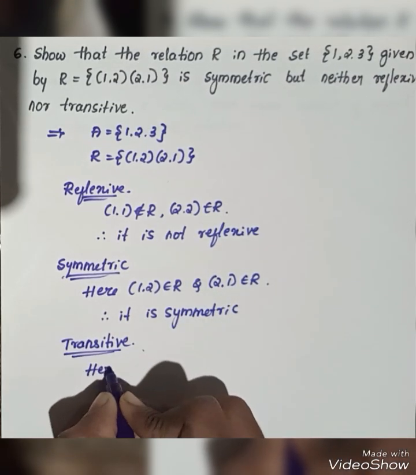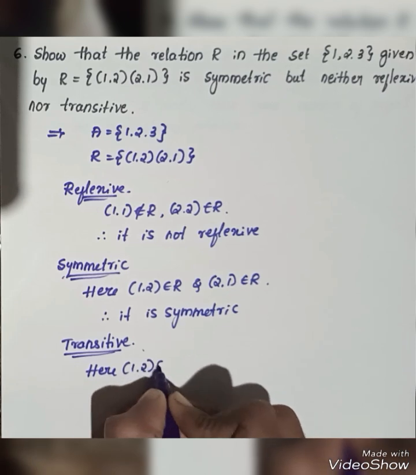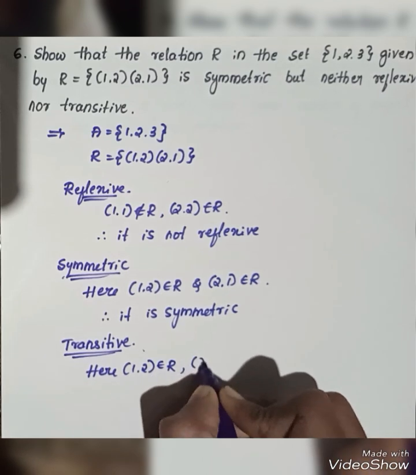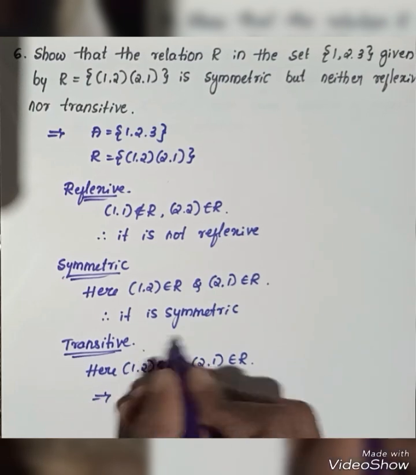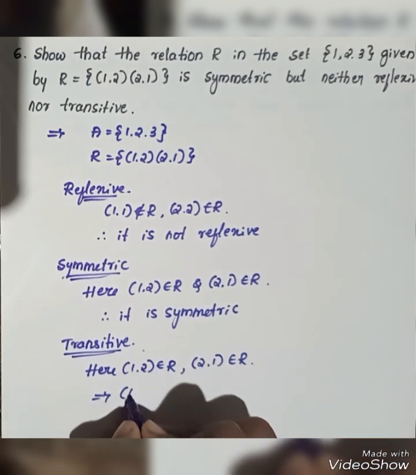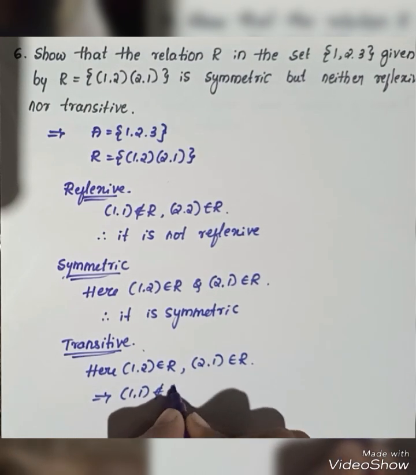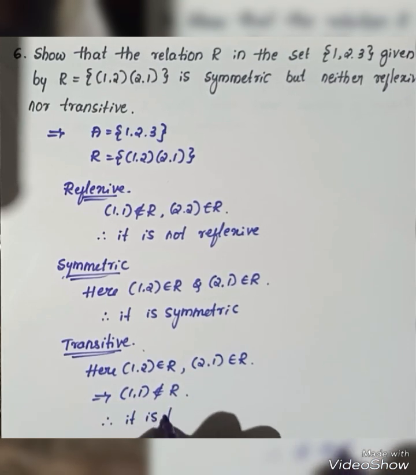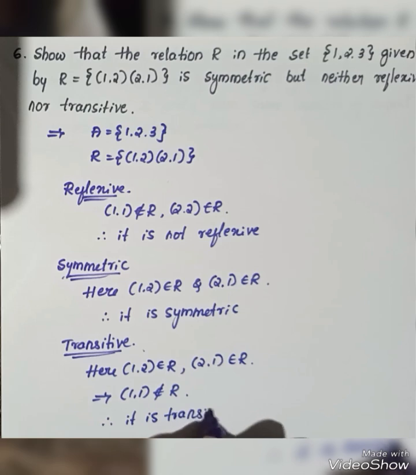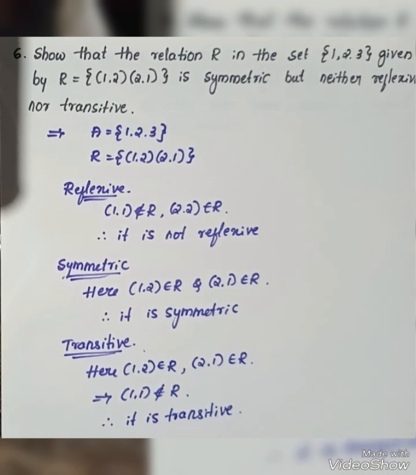Here (1, 2) belongs to R. Again (2, 1) belongs to R. But the first element is related to the third element, (1, 1), which does not belong to R. It is not transitive.